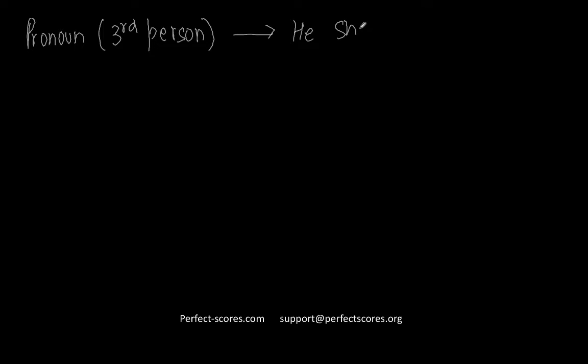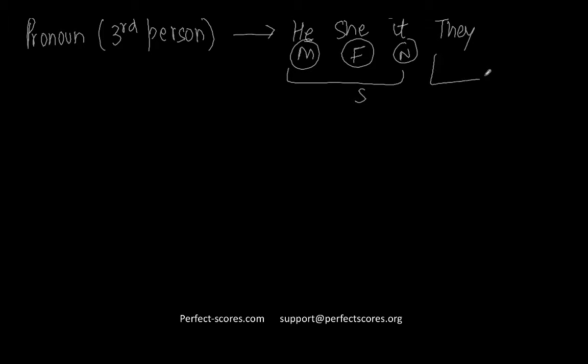Some of them, for example, he, she, it, they. And in masculine, we use he. For feminine, it is she. For neutral, let's say for an animal whose gender we don't know, we can use it. And these are for singular, they is for plural.